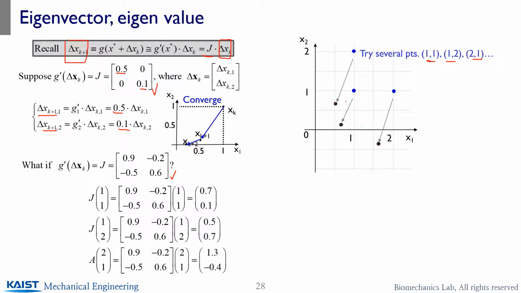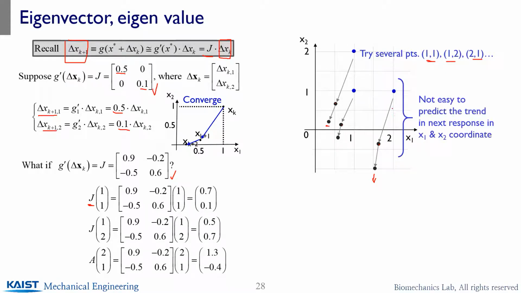So it seems like it's getting toward the origin, so maybe converging. But if you apply the Jacobian multiplication again, okay, this value definitely looks like it's toward the origin, but this one actually passed through the origin and has a negative value. And this one seems like it's moving this way, so maybe diverging.